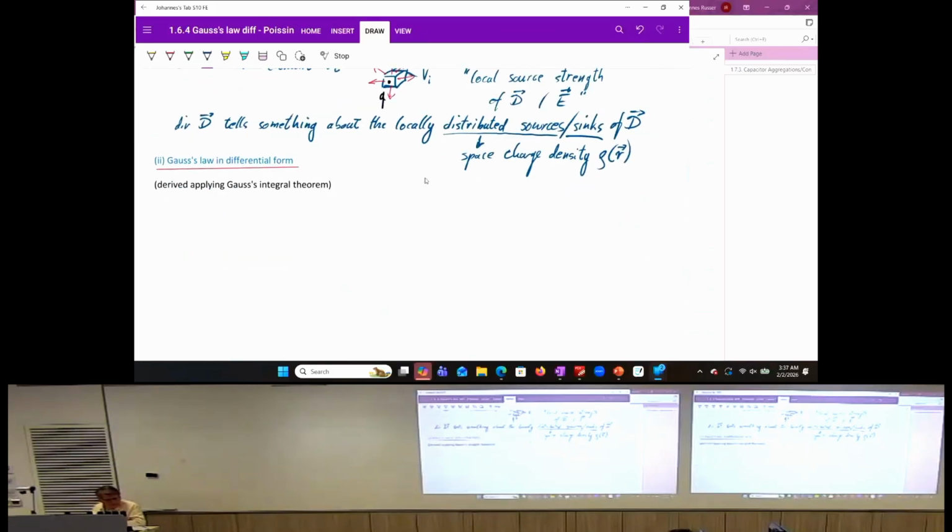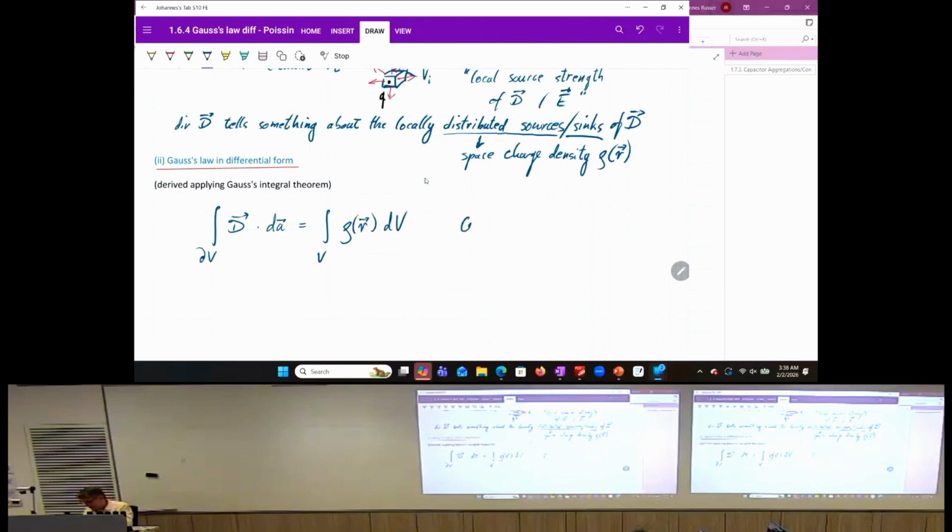So you see, we have gotten an insight into the concept of the divergence. So we can reformulate also our Gauss law into this differential form. So again, let's put down Gauss law, the flux integral, and on the right-hand side we have the volume integral over the space charge density.